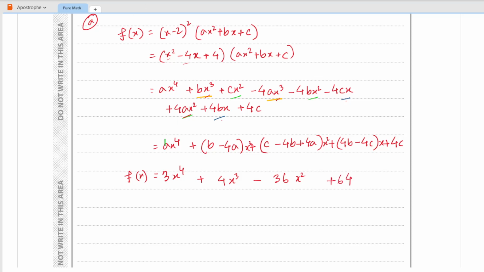So that means this equals to this, this whole thing equals to this, this whole thing equals to this, and this equals to this, and this one equals to 0.